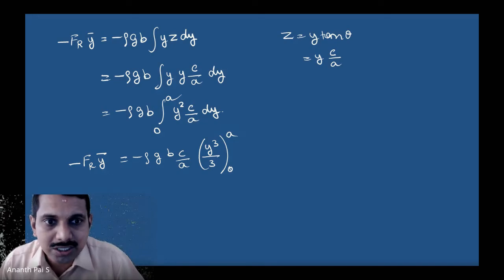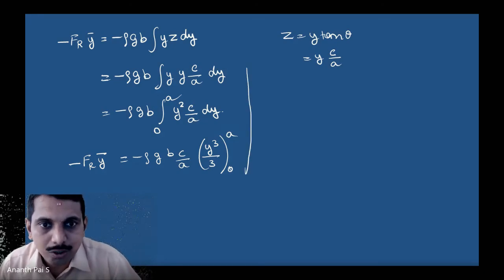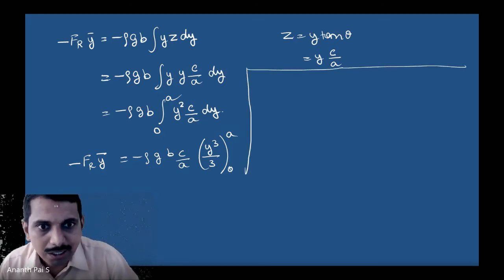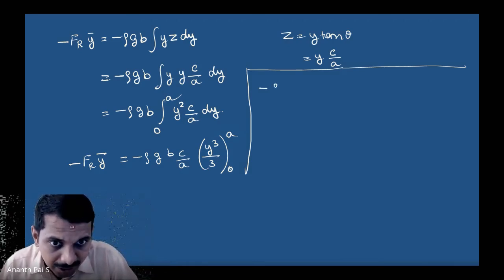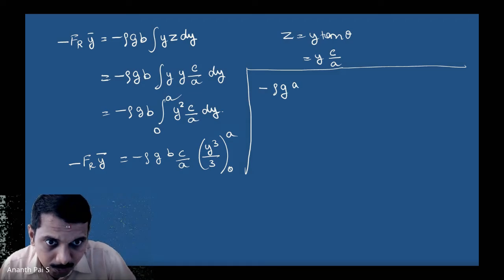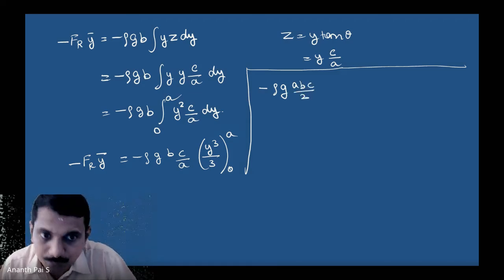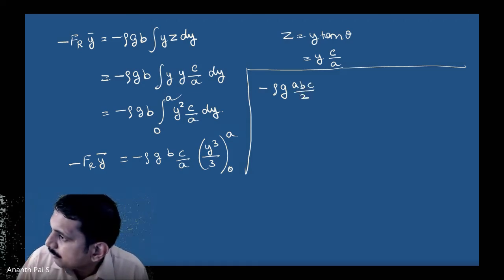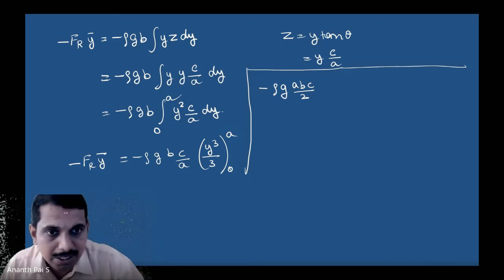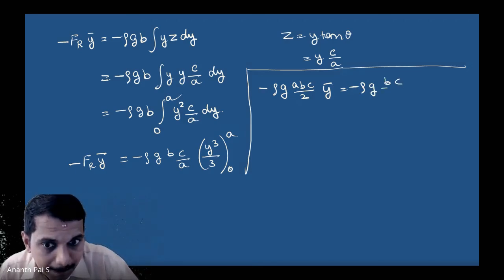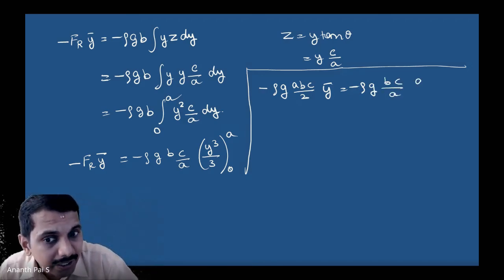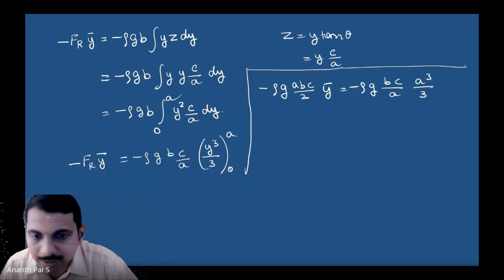So what is FR here? We have already calculated it: FR is rho g into ABC by 2, correct? Have we found out that? Correct? ABC by 2 into y bar is equal to minus rho g into BC by A, and here you get A cube by 3, correct?